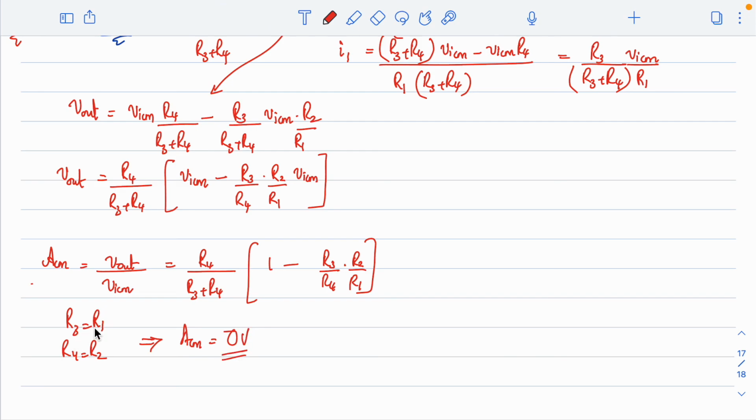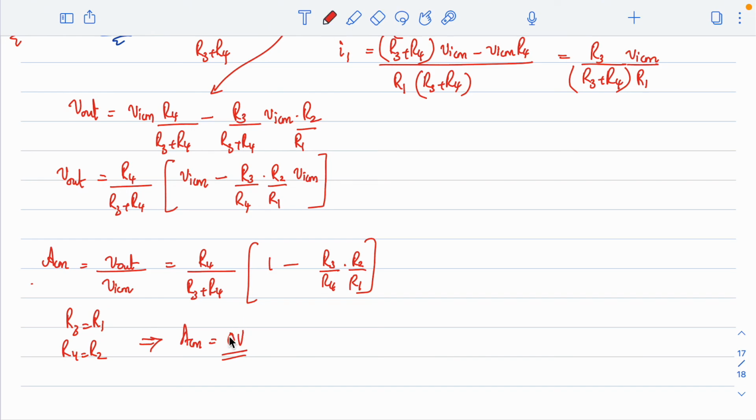So when your R3 equals R1 and R4 equals R2, your common mode gain will be equal to 0, and that is what we needed also, right? Because common mode gain should be as low as possible or it should be equal to 0, and that is possible with this. Alright, so the common mode gain is equal to 0. So this is your 0 volt.